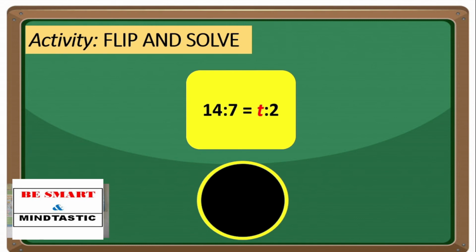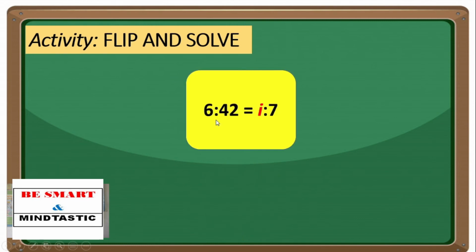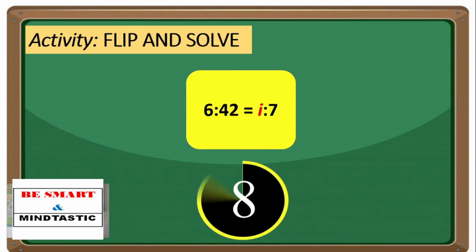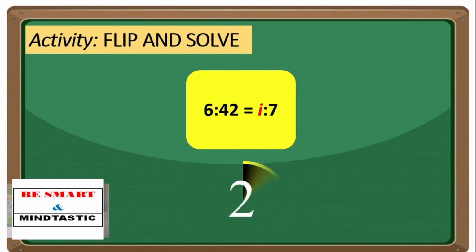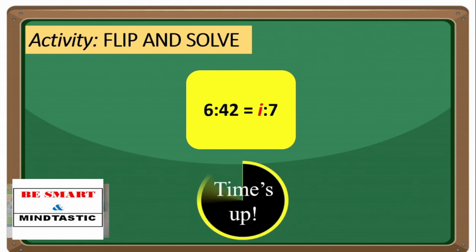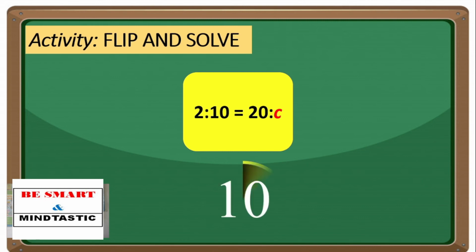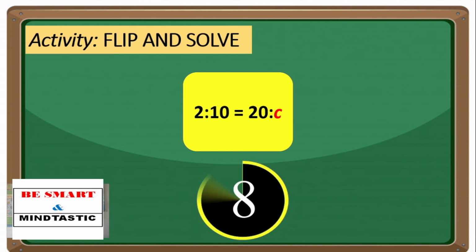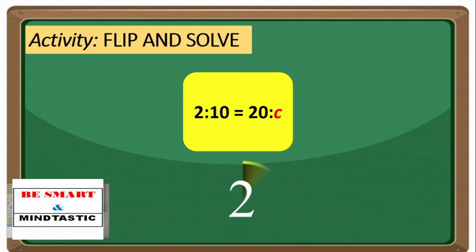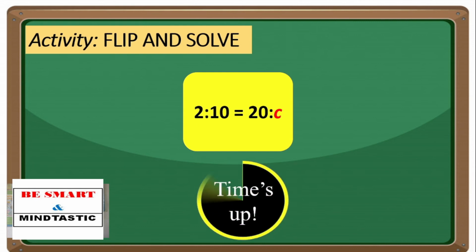Okay, class. Next. I. 6 is to 42 as I is to 7. Your time starts now. Okay, time's up. Next, letter C. 2 is to 10 as 20 is to C. Time's up.